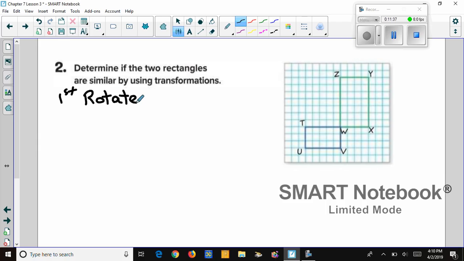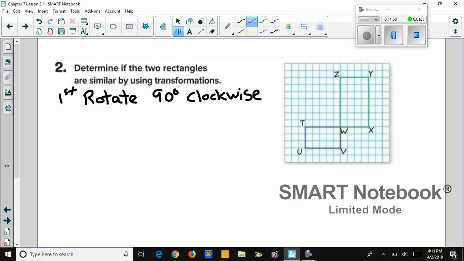We just need to stand it upright, so that's going to be 90 degrees. And we're going to do that in a clockwise direction. So we know we could have a rotation to make that work.